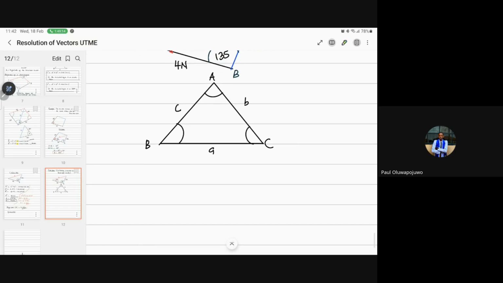So sine A over small a is equal to sine B over small b, is equal to sine C over small c. Go and learn about your special angles actually.